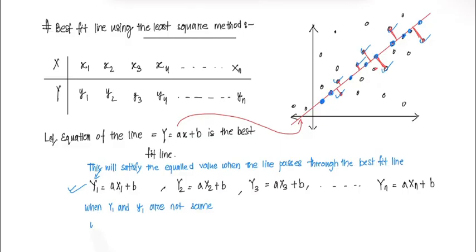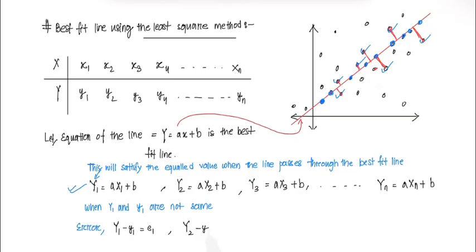We write it as the error value, which is nothing but Y1 minus small y1 equal to small e1, the small error.